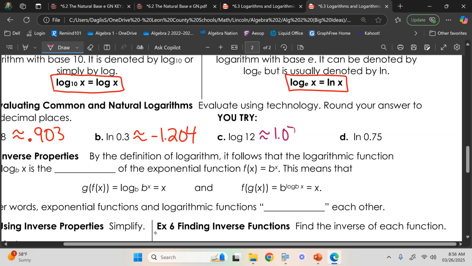Good. Danny, calling somebody. Wyatt? All right, Wyatt, what is the natural log of 0.75? Negative 0.288. Yes. We good? We got it? We can push buttons? Yeah, you can.